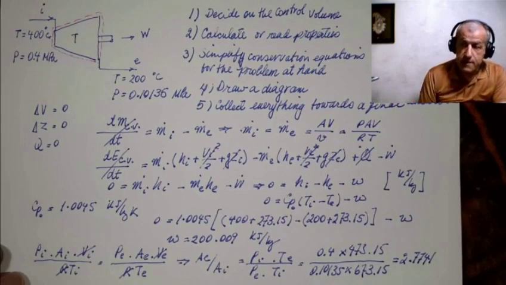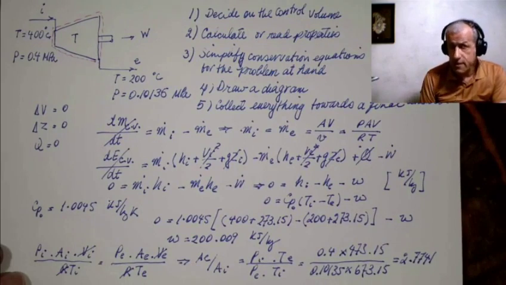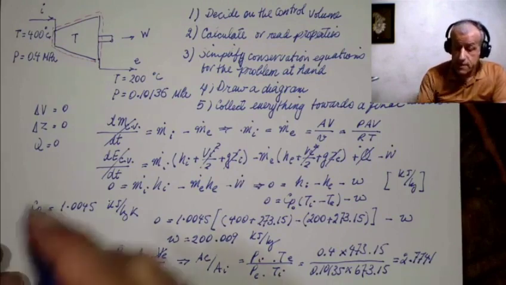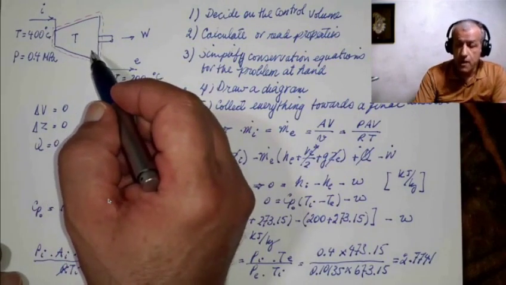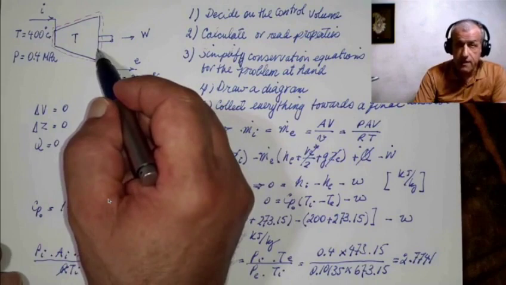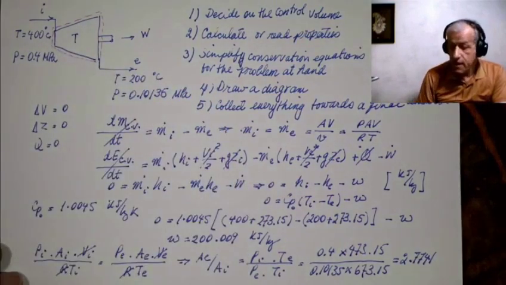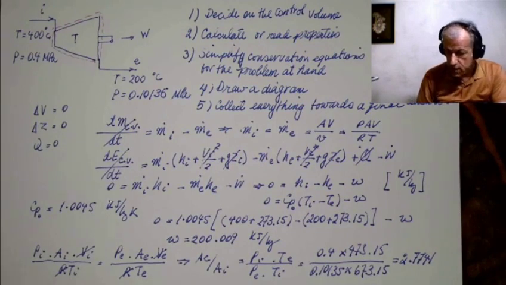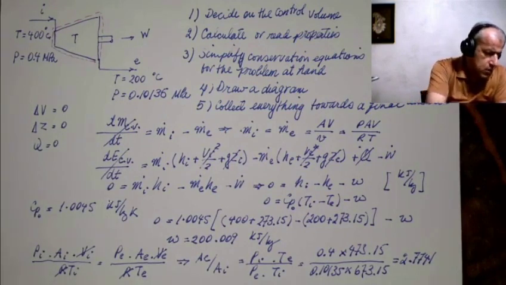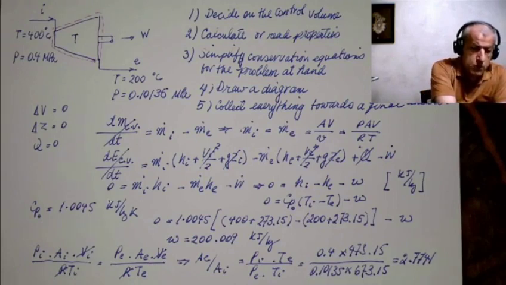That means that the turbine has expanded the air, and therefore it needs a larger area at the exit. This is why we draw a schematic of a turbine like this. The exit area should be larger than the inlet area. But this was the initial problem, which wasn't that hard to solve.